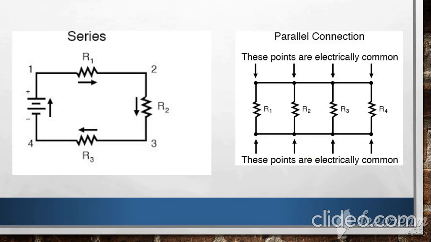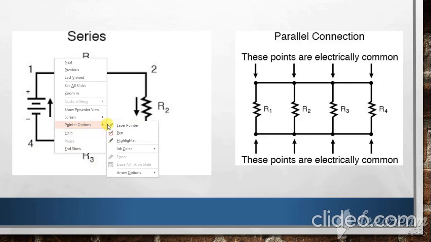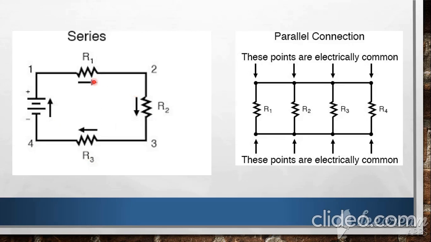And we have to learn about series and parallel connection of components or loads in a practical application. When we connect the end point of one load to the starting point of another load, it is said to be series. So this is a series circuit. Here the end point of R1 is connected to the starting point of R2.